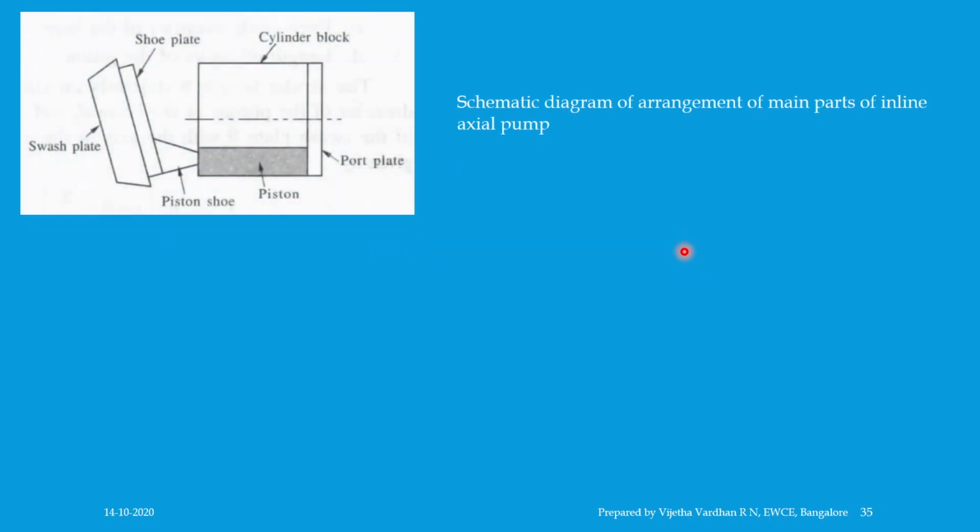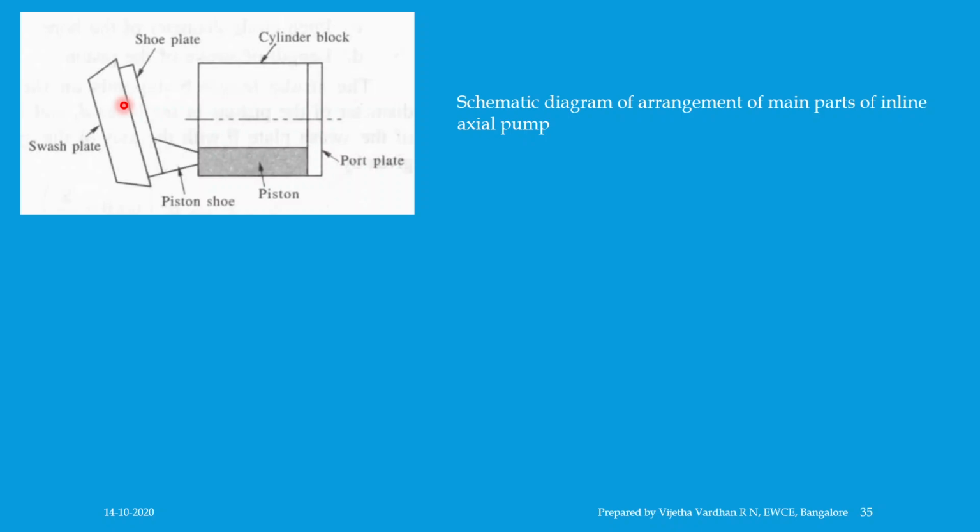Then coming to the next arrangement, the geometrical arrangement of the main parts of the inline axial piston pump, which you can see in this figure over here. The swash plate of the inline pump may be either fixed or rotating. If you have a fixed swash plate, then it is called a fixed cam plate.